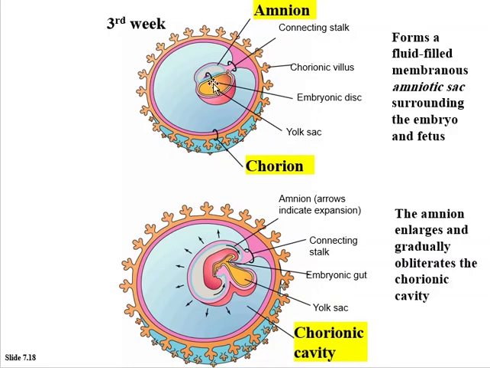And here is the yolk sac, lined firstly by Heuser's membrane, and the roof is formed by hypoblastic cells. And here we have the chorion with chorionic villi, which share in the formation of the placenta.